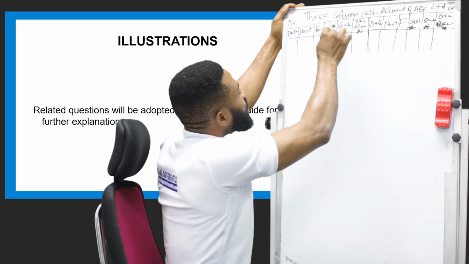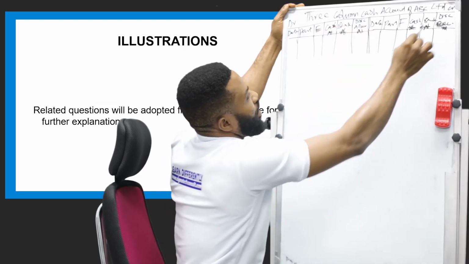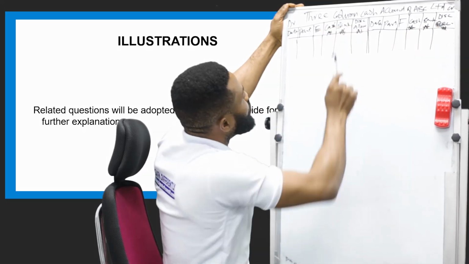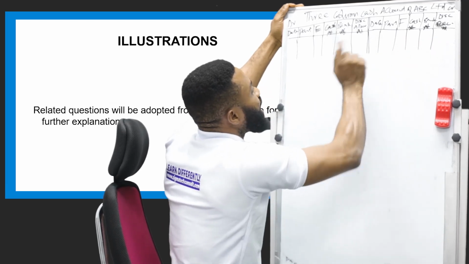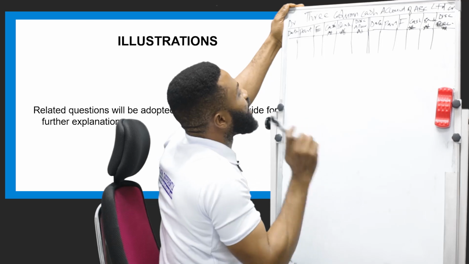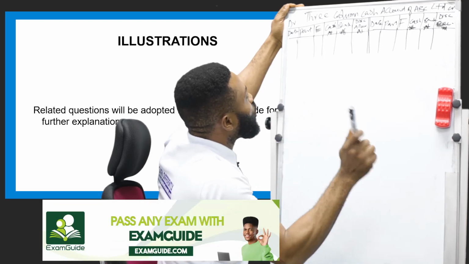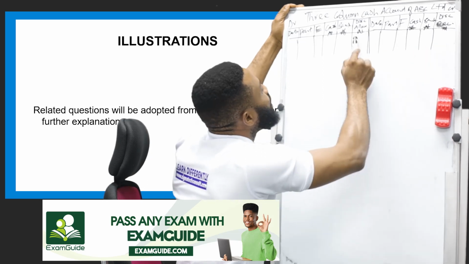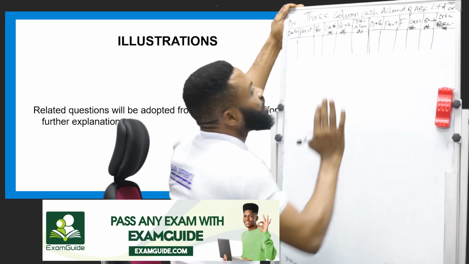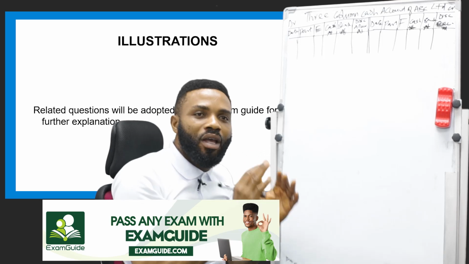You will just see amount here. If it is two column, this two column will not be there, discount allowed and discount received. And then since it is three column now, that's why we now have this. So it is this extra discount column that makes the whole of this account a three column cash book.